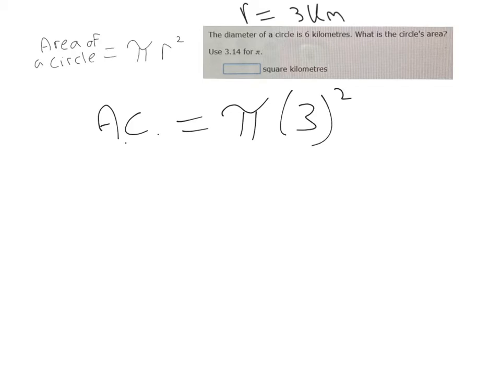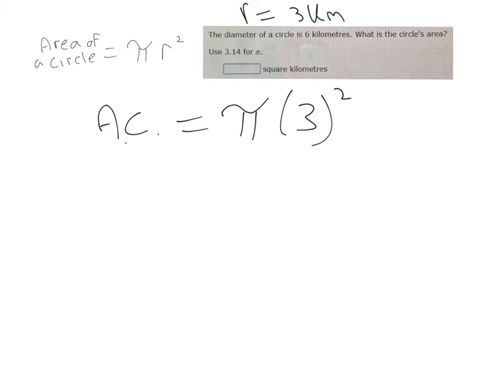A similar example here. The diameter of a circle is 6 kilometers. What is the circle's area? Use 3.14 for pi. Answer in square kilometers. So we have our diameter is 6, but we need our radius. So I'm going to start by going the radius equals 3 kilometers. Okay, now I can fill it in. Area of a circle equals pi times 3 squared.